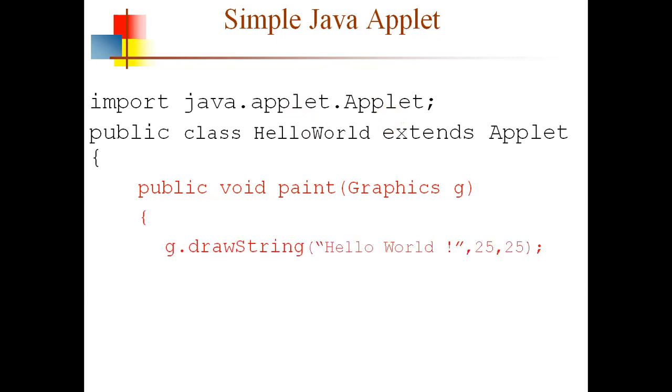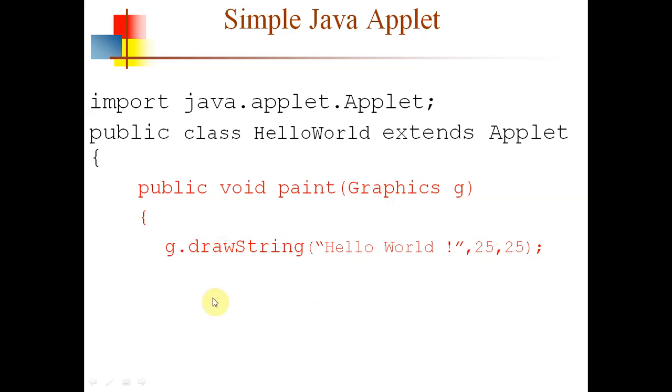Here we have the public void paint function, and its argument is Graphics g. In place of public static void main with String args, we write public void paint with Graphics g. Then g.drawString Hello World, we are printing it at position 25, 25.